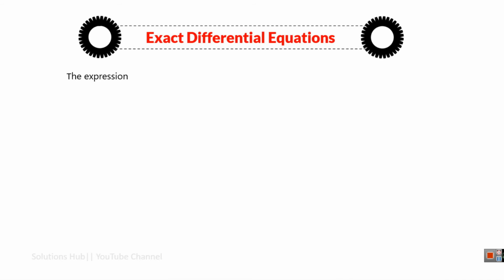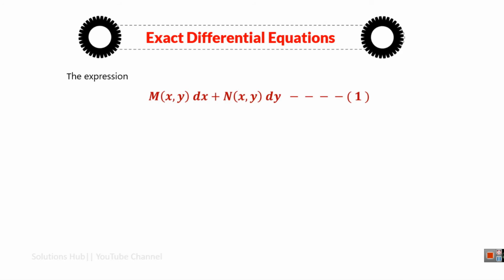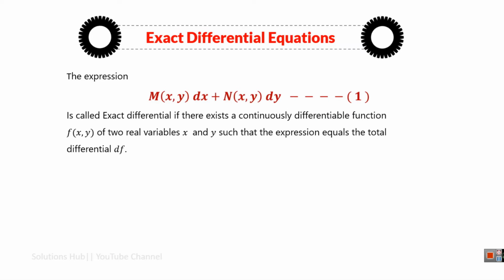Let's say we have this expression, which I have explained in the last slide. This expression will be called an exact differential if there exists a continuously differentiable function f of two variables x and y such that the expression equals the total differential df.